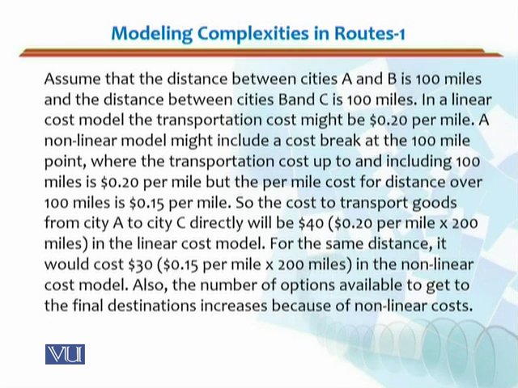The cost to transport goods from city A to city C directly will be $40 in the linear model. What is the total distance from A to C? That would be 200 miles: 100 miles from A to B, and then 100 miles from B to C. For the same distance, if someone uses the non-linear cost model with the cost break, the cost would be $30.